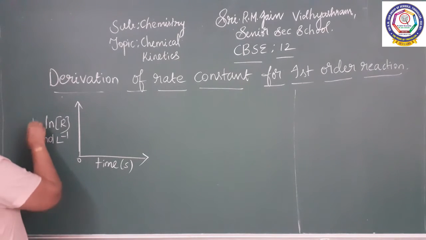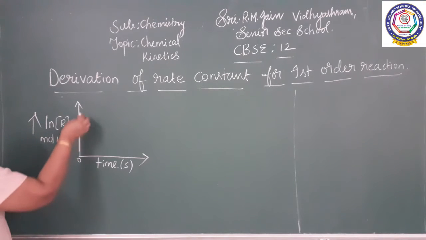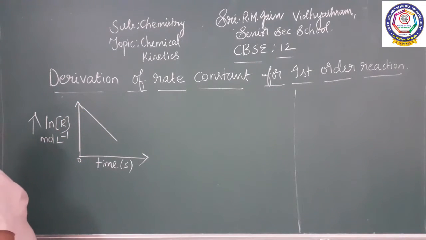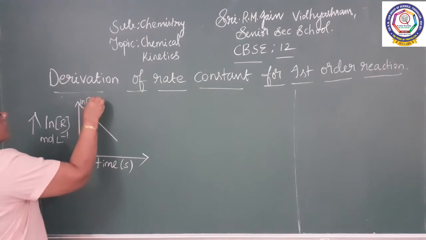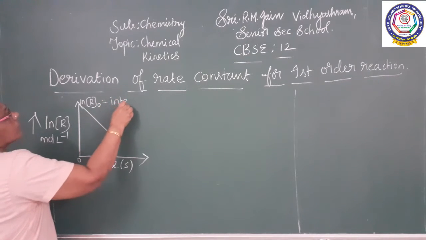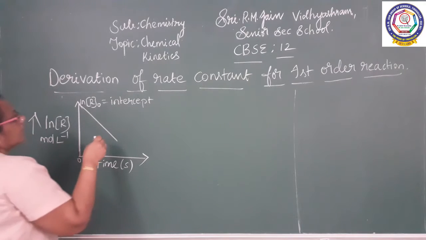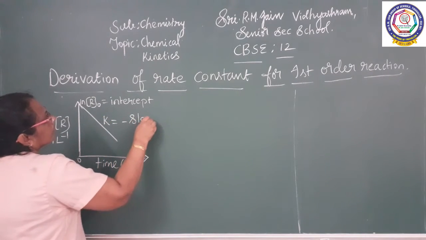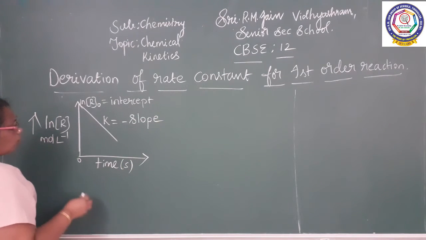You are getting a straight line with negative slope, where ln R0 is the intercept and k is equal to negative slope.